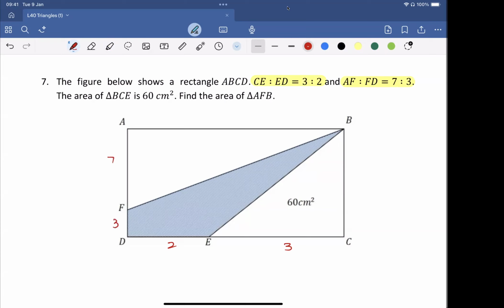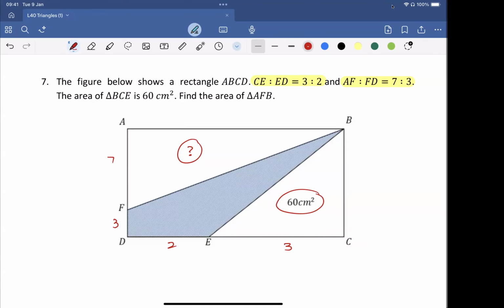They tell us that the area of BCE is 60 cm squared, and they're asking you what is the area of AFB. Students, I'm going to give you 2 minutes. Your time starts now.